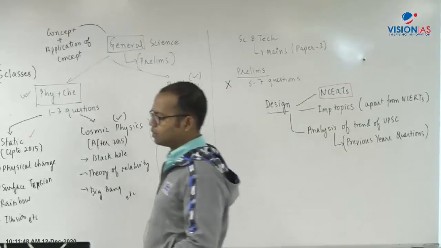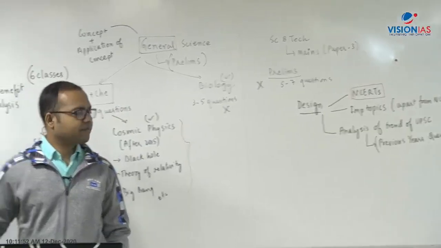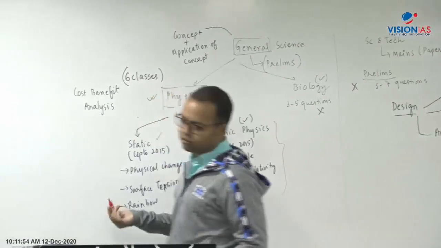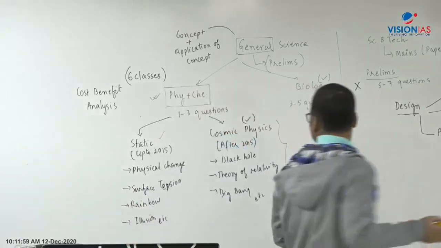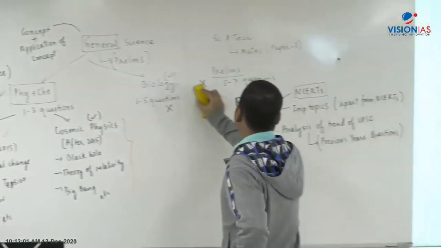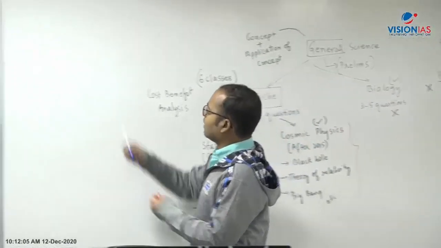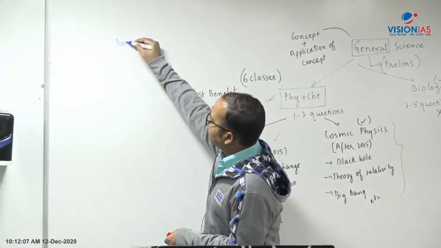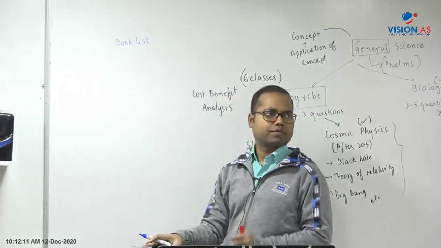It will help you. Now the most important thing comes, the book list. Often it is asked, and I don't know what to say, but as far as the book list is concerned, I will go for a tailor-made approach.